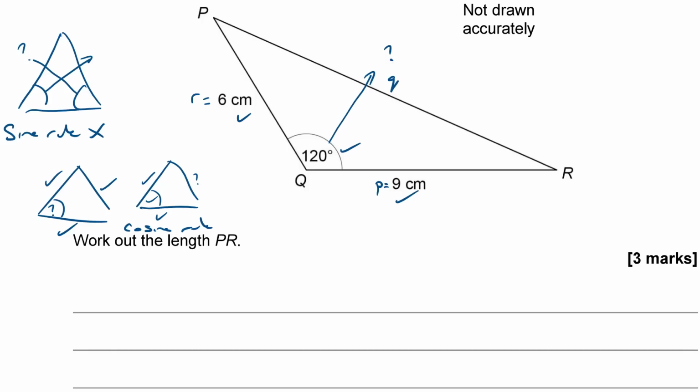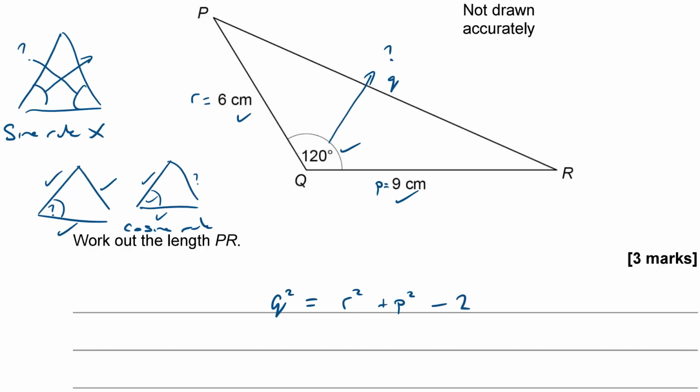So let's state what the cosine rule is for this triangle then. Q squared is equal to R squared plus P squared. It starts off a little bit like Pythagoras theorem.